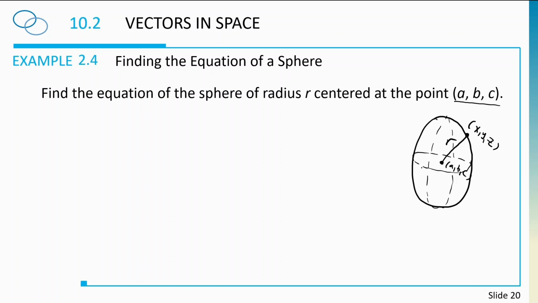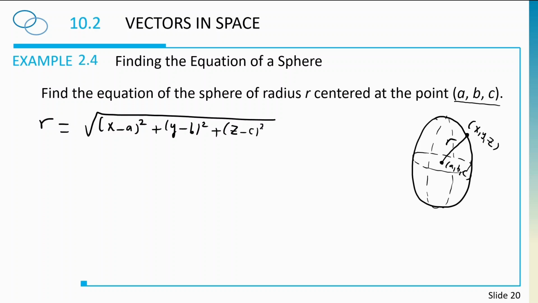So same idea, exactly like the distance. The radius, which is the distance between these 2 points, equals the square root of delta x squared, delta y squared, delta z squared. So this is the square root of (x minus a) squared plus (y minus b) squared plus (z minus c) squared.